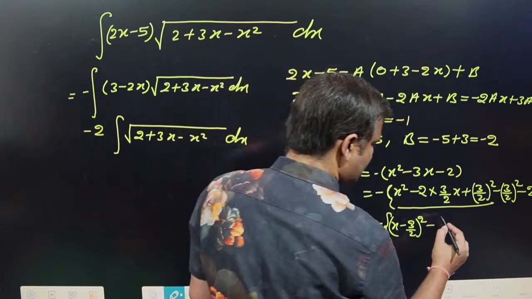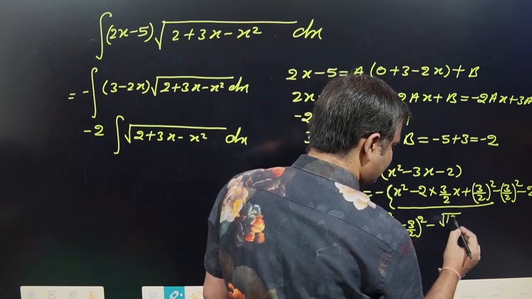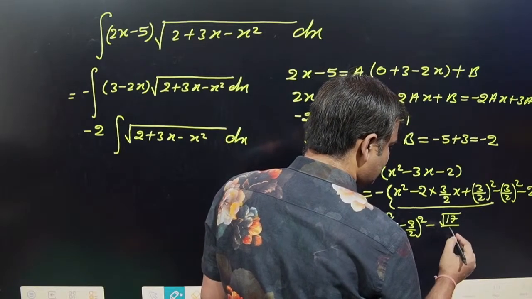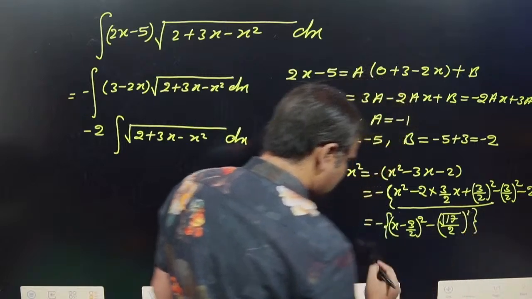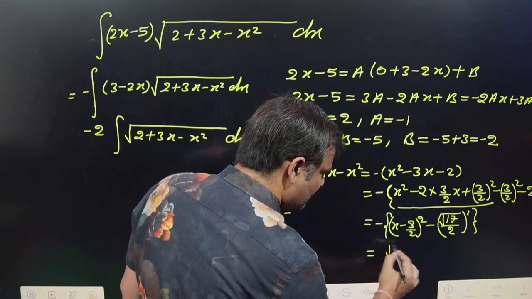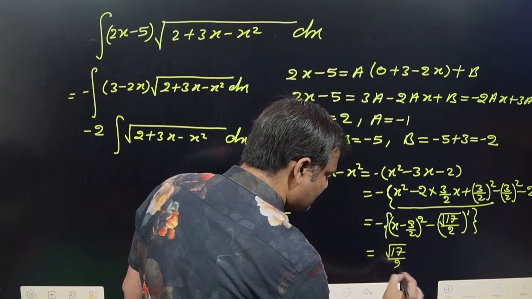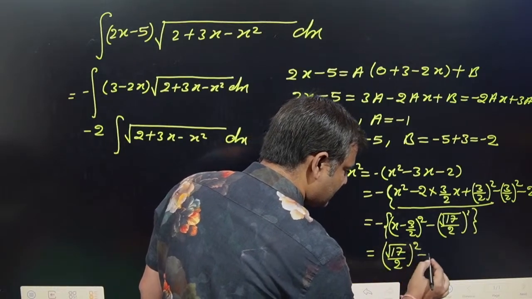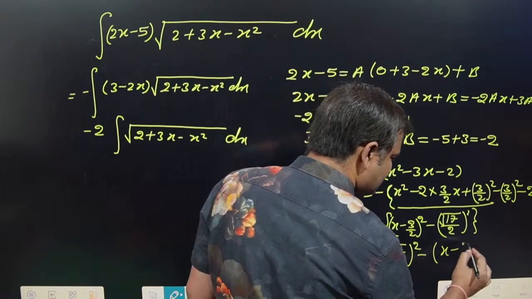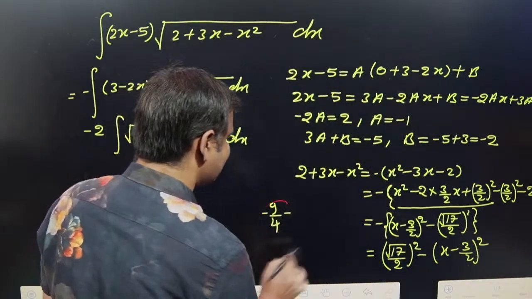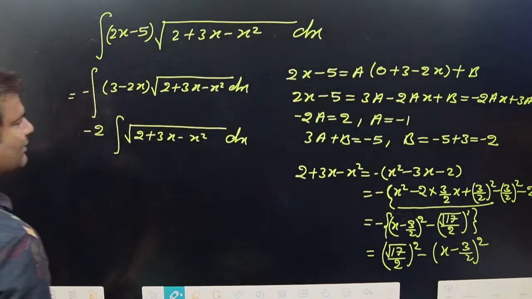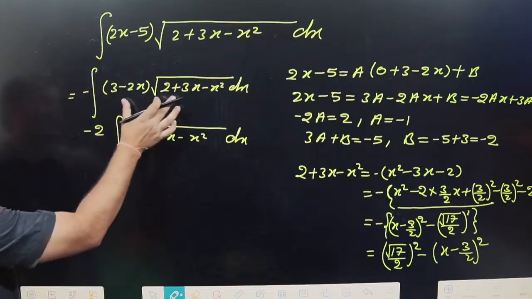So you can say that root 17 divided by 2 to the whole square minus x minus 3 by 2 to the whole square. What about that value?